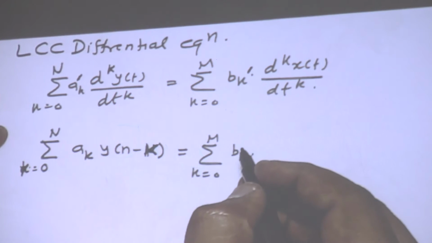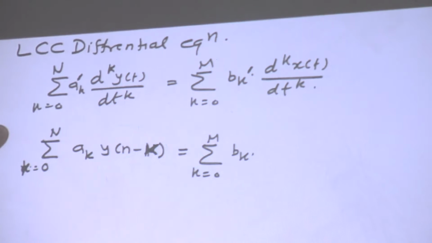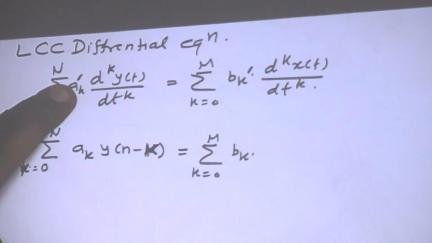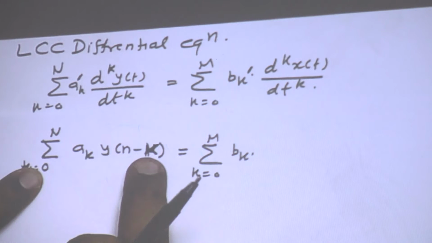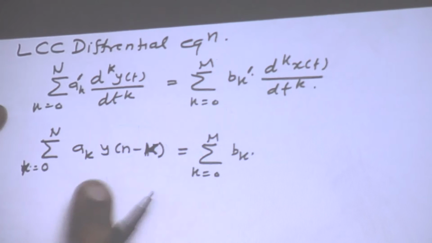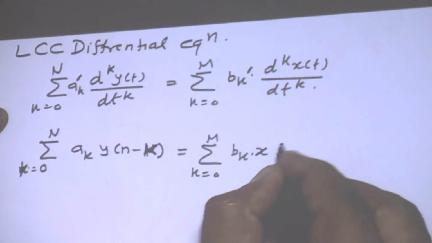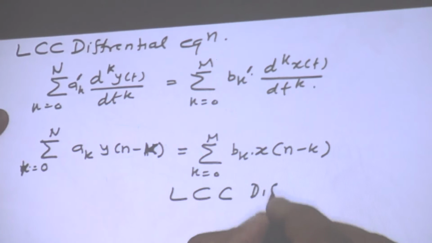This bk and bk dash are different, because for the second derivative you have y of n minus twice y of n minus 1 plus y of n minus 2 and so on. So the combined coefficients will be different from ak dash. The coefficient of y of n when k equals 0 is a0. This a0 and a0 dash are going to be different. And this is called a linear constant coefficient difference equation.